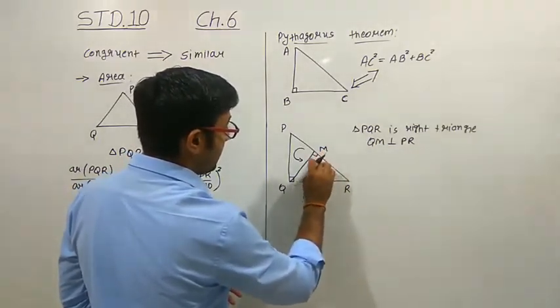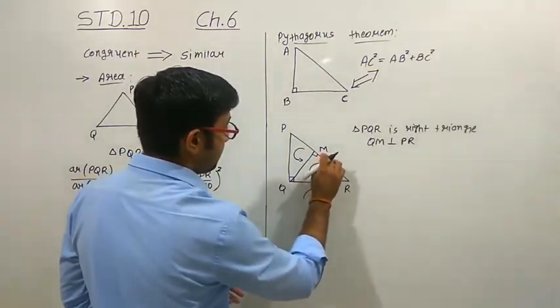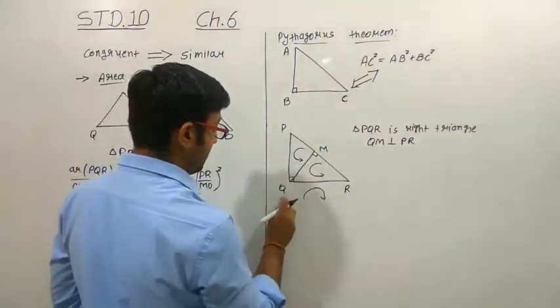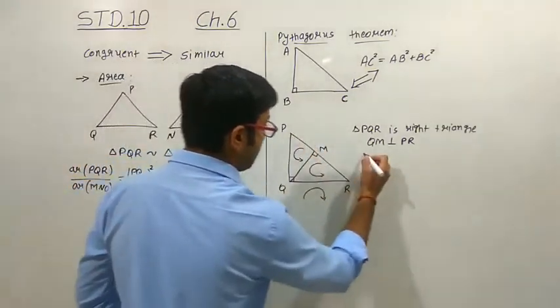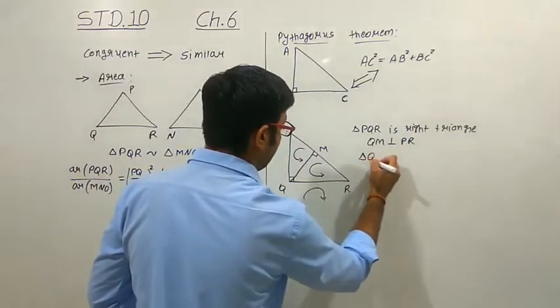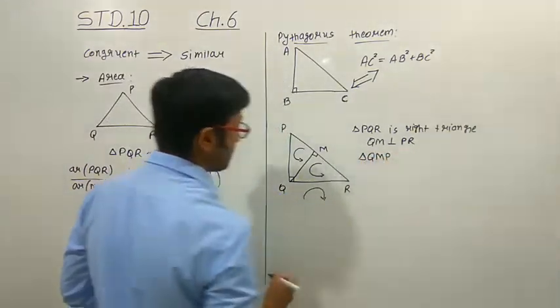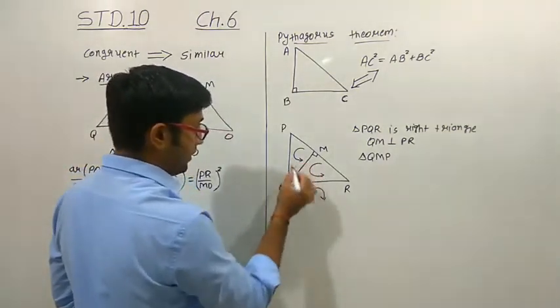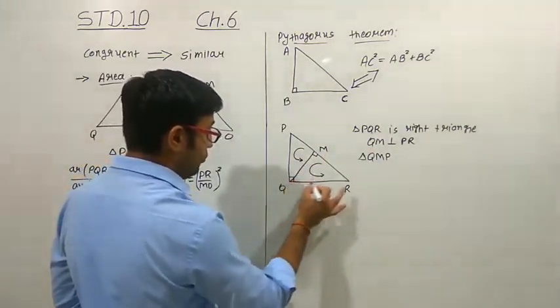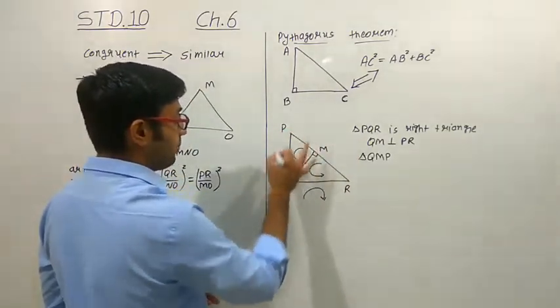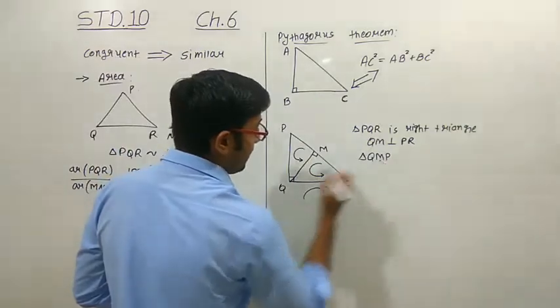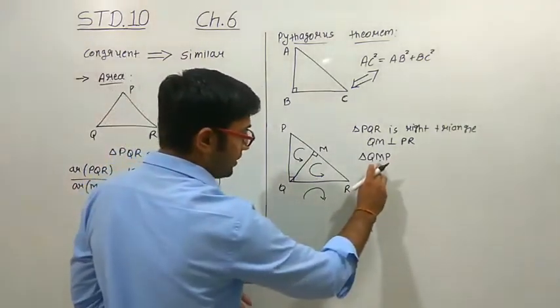This angle is the right angle, so its name must be in the middle, and we must also follow the anti-clockwise direction, so we write triangle QMP. Both rules are followed here: QMP is anti-clockwise, and the right angle is in the middle.